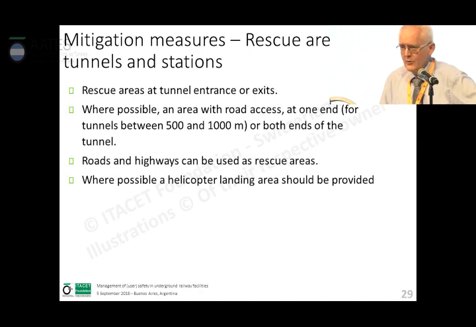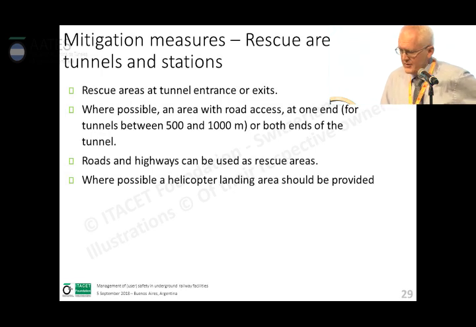If the tunnels are long on both sides, shorter tunnels at one side only. The roads need to be accessible by common rescue and firefighting vehicles, and where possible, you should as well at least know where helicopter landing would be possible in the vicinity.